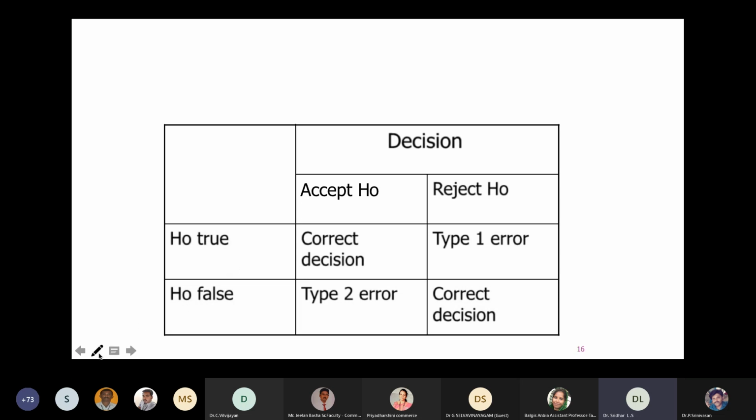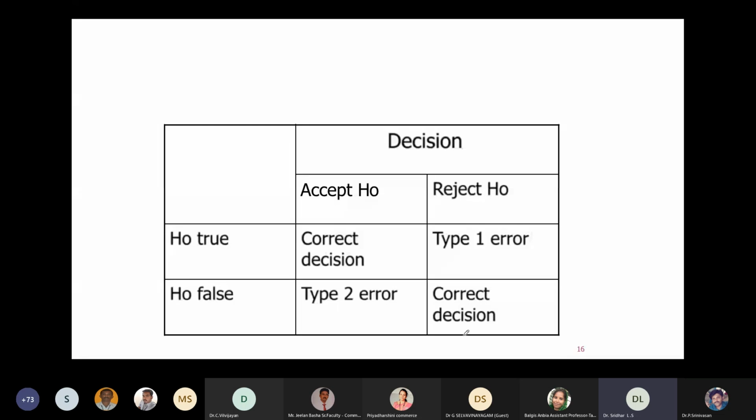Why is it the producer's risk? Let me explain. H naught is false, but you accept H naught, which means there is a difference, but you accept the proposition that there is no difference. And when it is false and you reject it, it is the right decision.